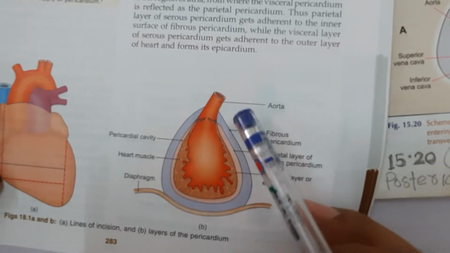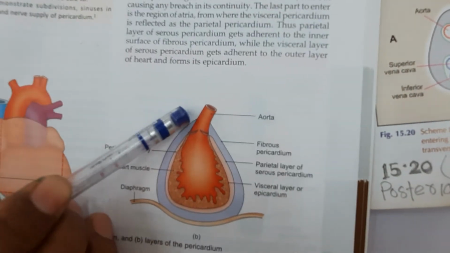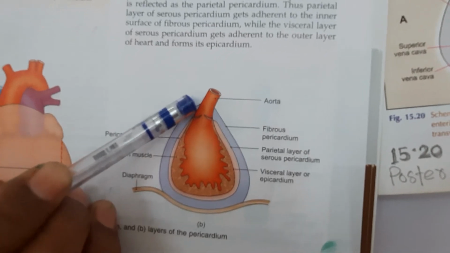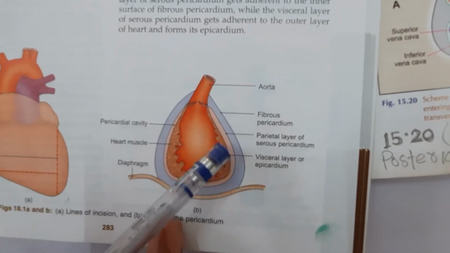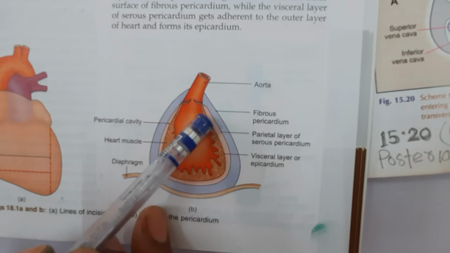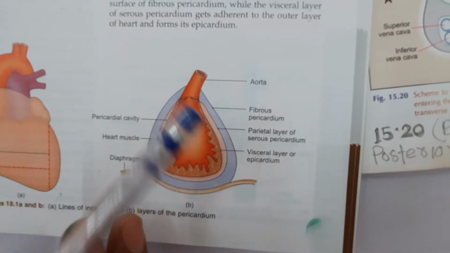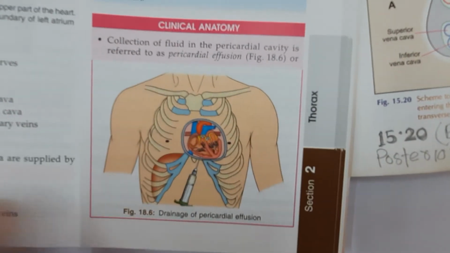In the root of the great vessels, the parietal and visceral layers are continuous, because they are actually one sac.